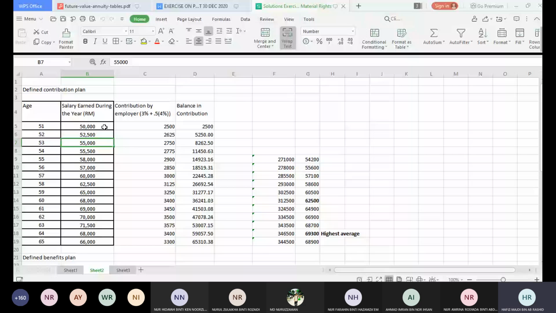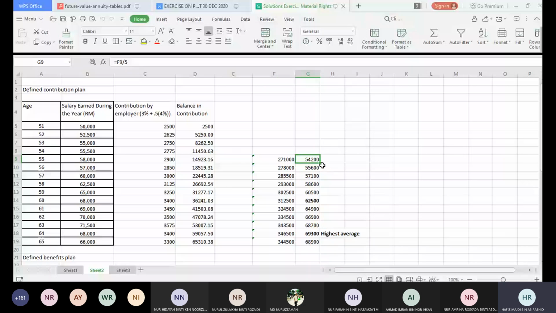That is a total salary for 5 years, 271,000. And if you divide by 5, the average salary at that point is 54,200.